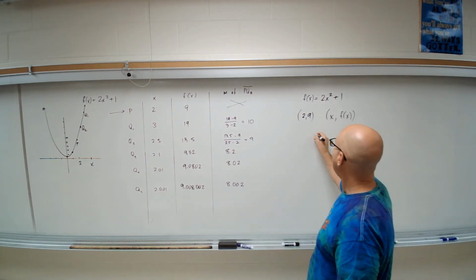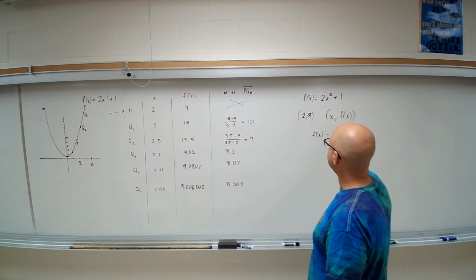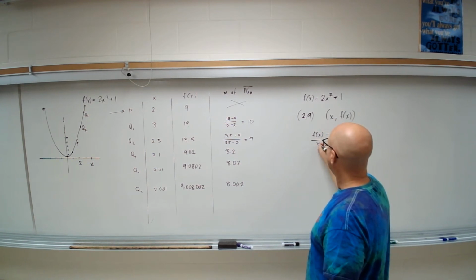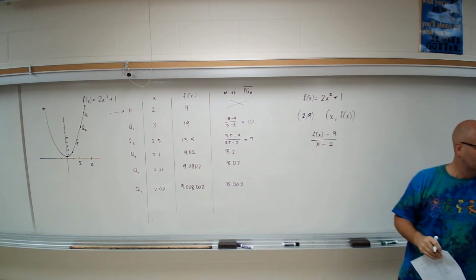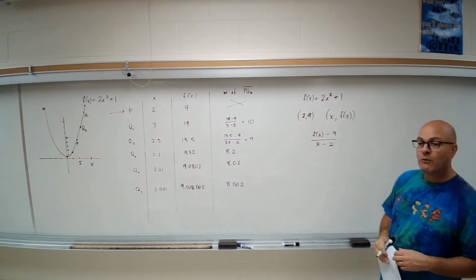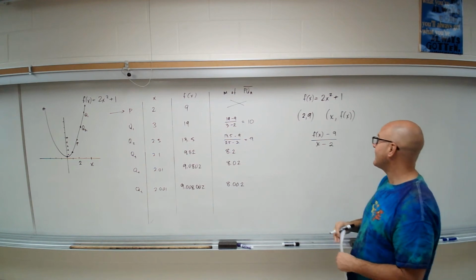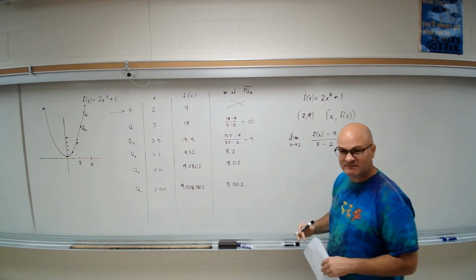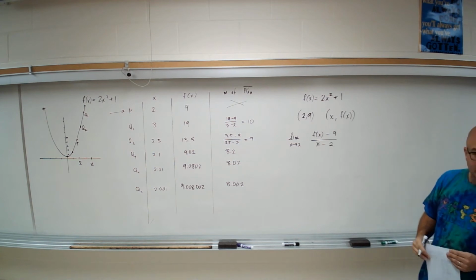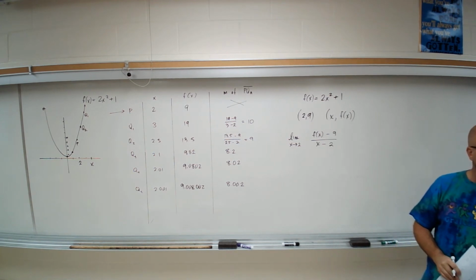So change in y, f of x minus 9 over x minus 2, just a good old slope formula. And we want to find the limit as x approaches 2. This is how we're going to find the derivative at a point.